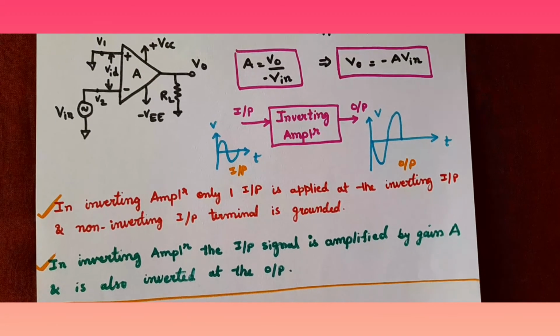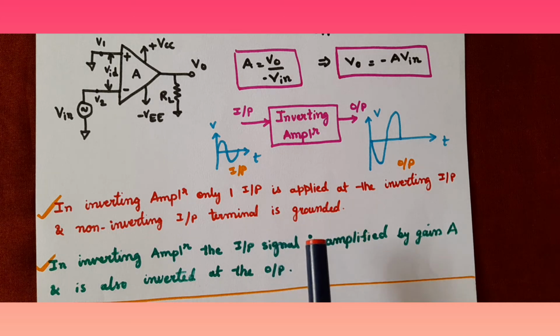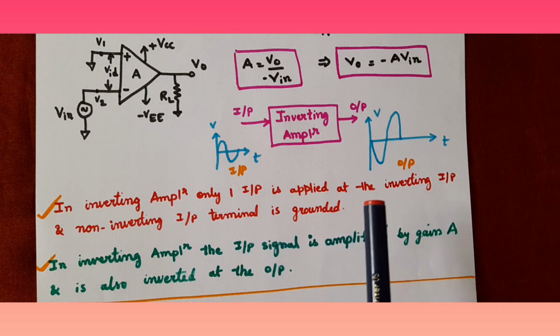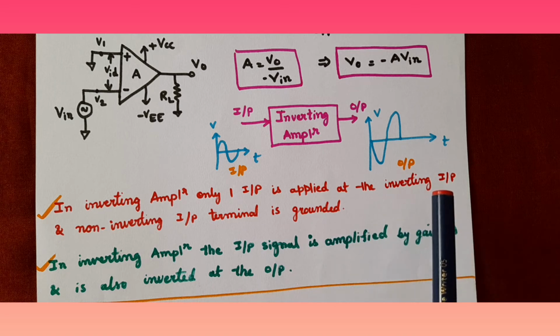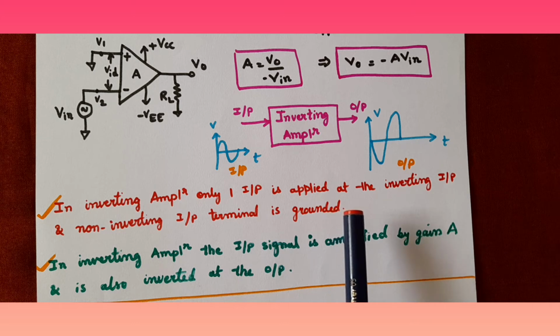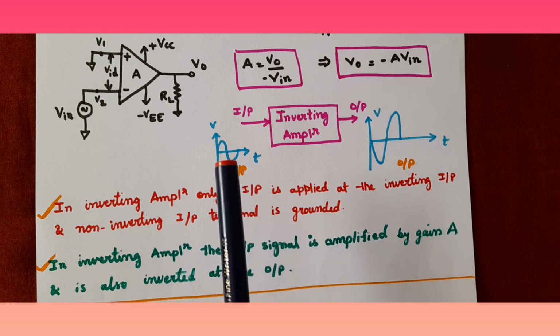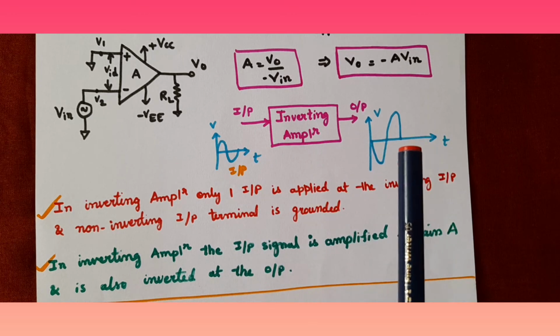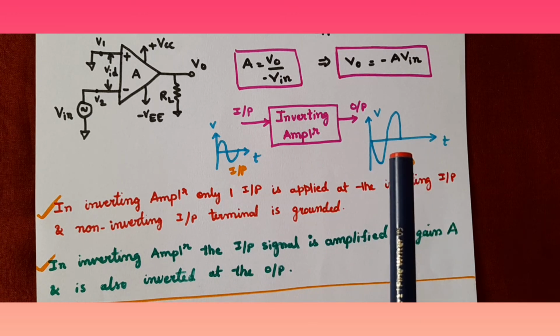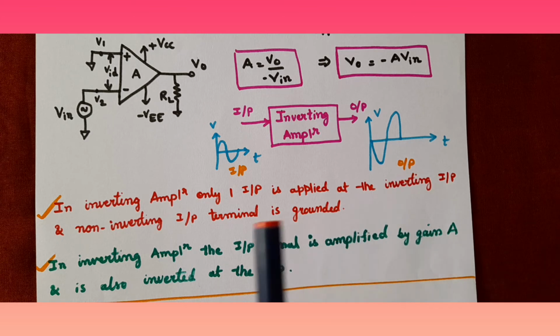So statement wise, what we can conclude? In an inverting amplifier, only one input is applied at the inverting input and the non-inverting input terminal is grounded. In an inverting amplifier, the input signal is amplified by gain A times at the output and is also inverted at the output, it is out of phase by 180 degree with respect to the input signal.